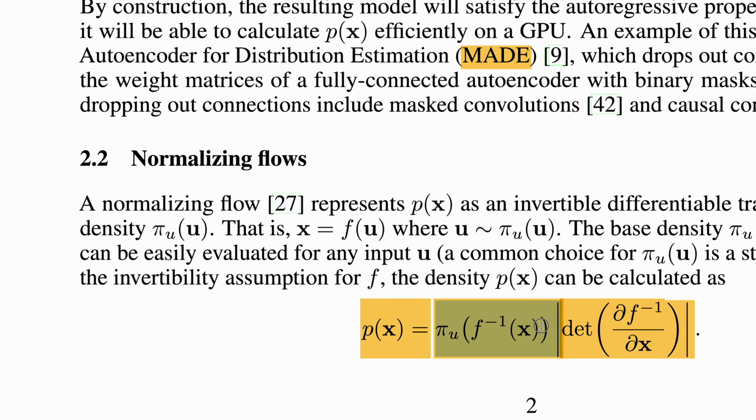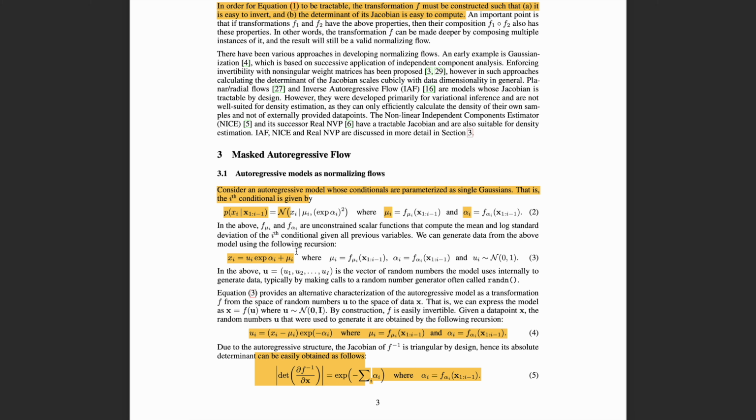This is this part of the equation. Then you can compute the PDF of your latent space, and you multiply that by the determinant of your Jacobian, and that gives you P of X using the change of variable formula. Then you want to do maximum marginal likelihood. You want to maximize this probability P of X.